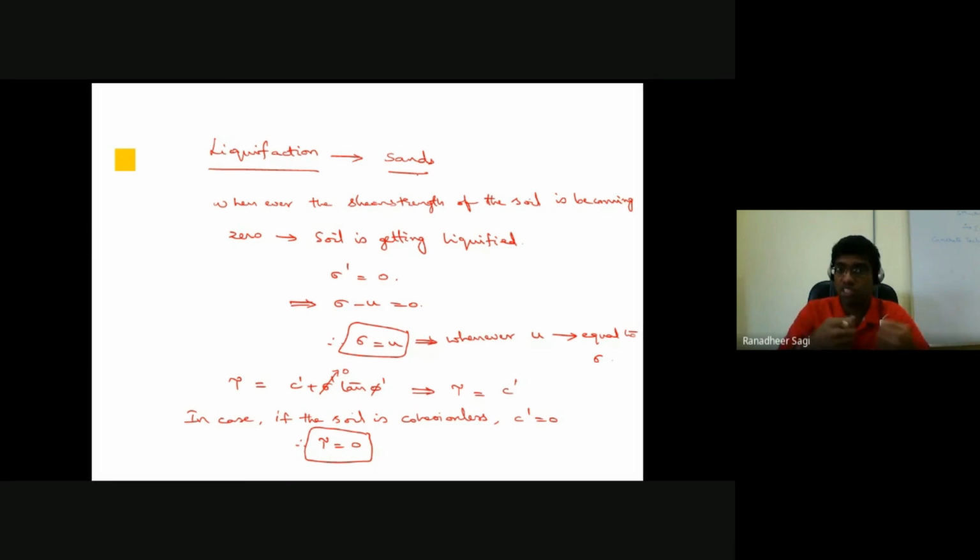Excess pore water pressure dissipation may not happen. So what is going to happen? As the earthquake force increases, the pore water pressure developed in that sandy soil continuously increases and reaches the total stress of that soil. Whenever the pore water pressure equals the total stress existing in the soil, the effective stress developed in that soil becomes 0.